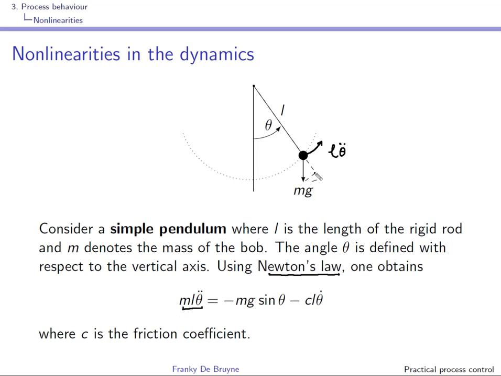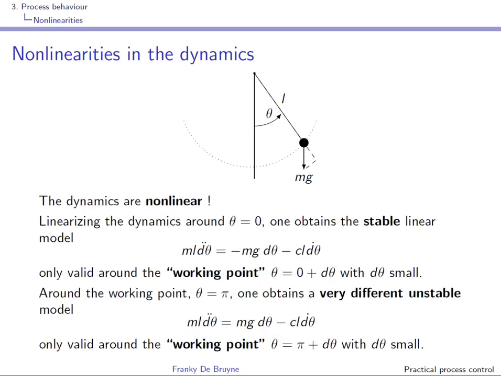You'll have the force due to gravitation, minus mg sine theta, and you'll have a friction force that will be proportional to the velocity, and the velocity is L theta dot. If you use a friction coefficient c, then we have minus c L theta dot, and this is the dynamic equation that describes the pendulum movement.